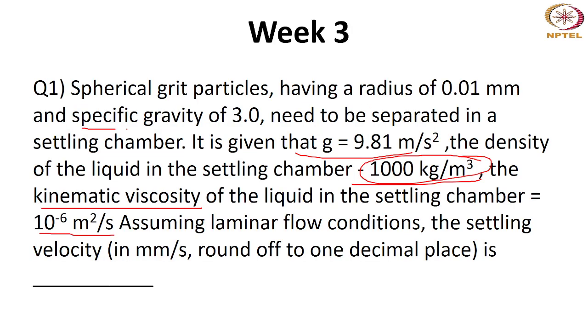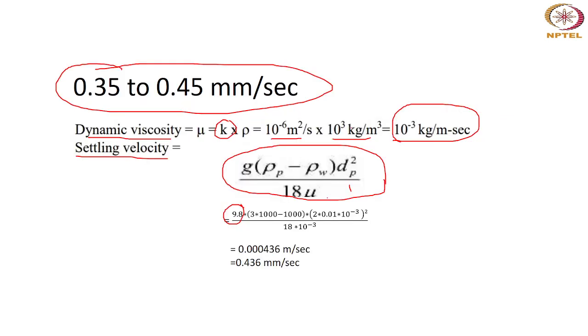Then one interesting thing is that the particle is a spherical particle, and the specific gravity is 3, right? So you know how to calculate density from specific gravity, right? Specific gravity is equal to the density of the particle divided by the density of the water.